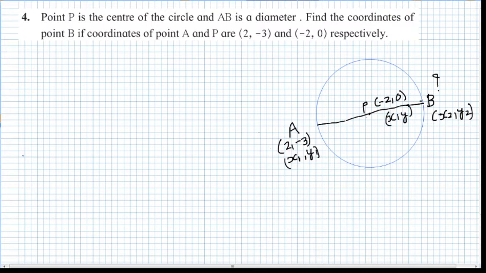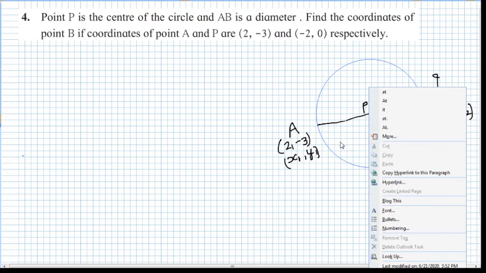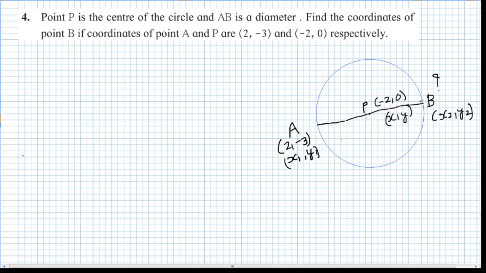Now, what is special about this? AB is the diameter. If AB is the diameter, what is going to happen with this point P? AP is equal to PB. So I can write that AP is equal to PB.